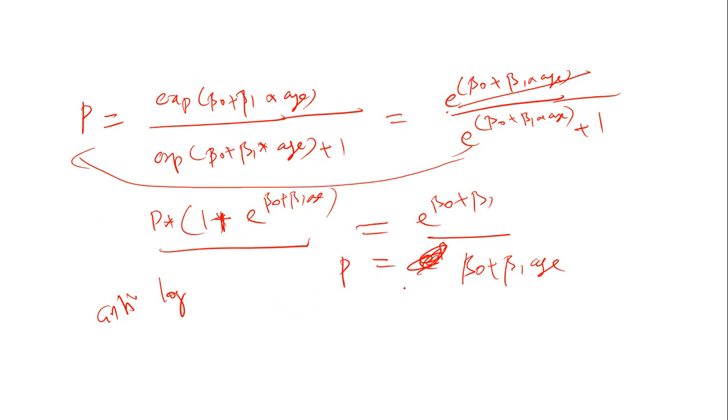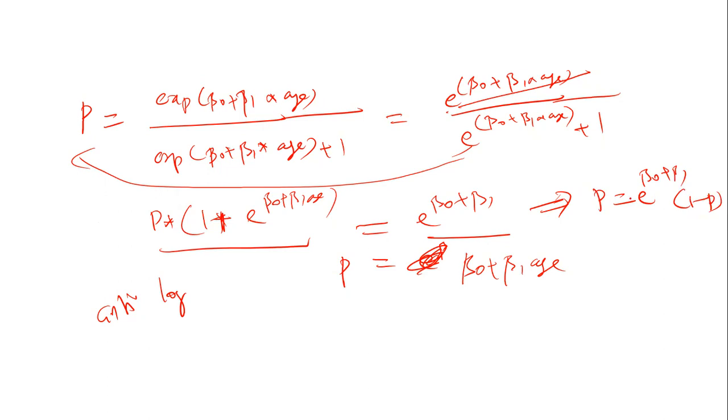See here, I skipped one step. For example, p is equivalent to e to the power beta naught plus beta 1 into 1 minus p. Can I write it this way?